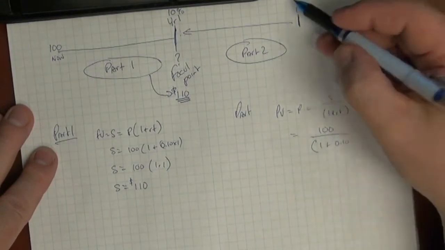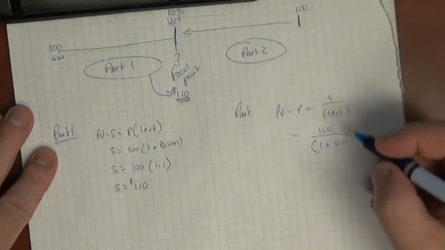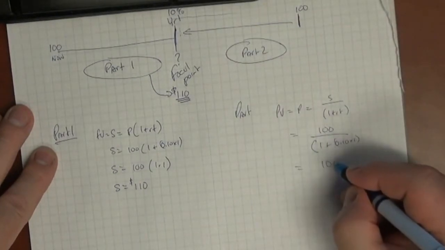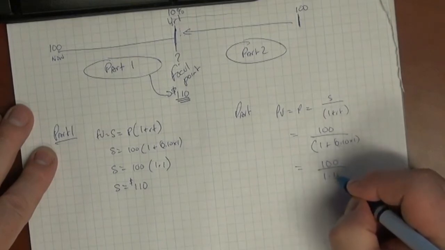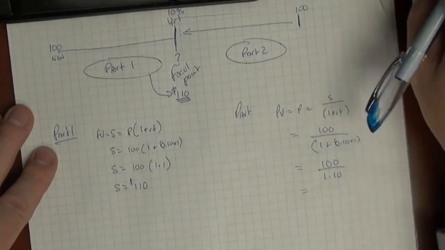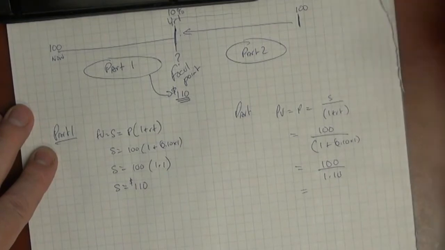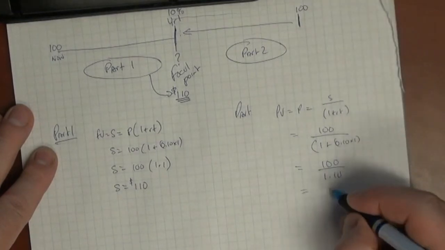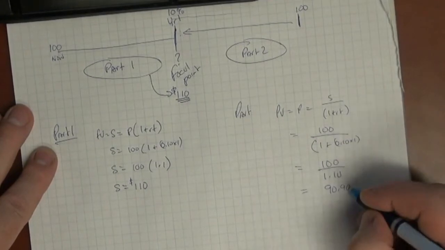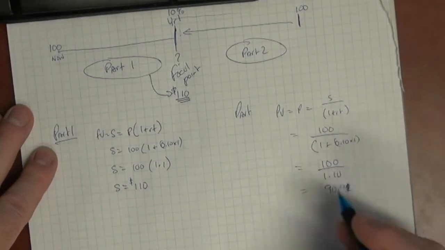And the T, the time, is 1 year. We're coming back 1 year. So in this case, this is 100 divided by 1.10, which is 90.91 exactly.